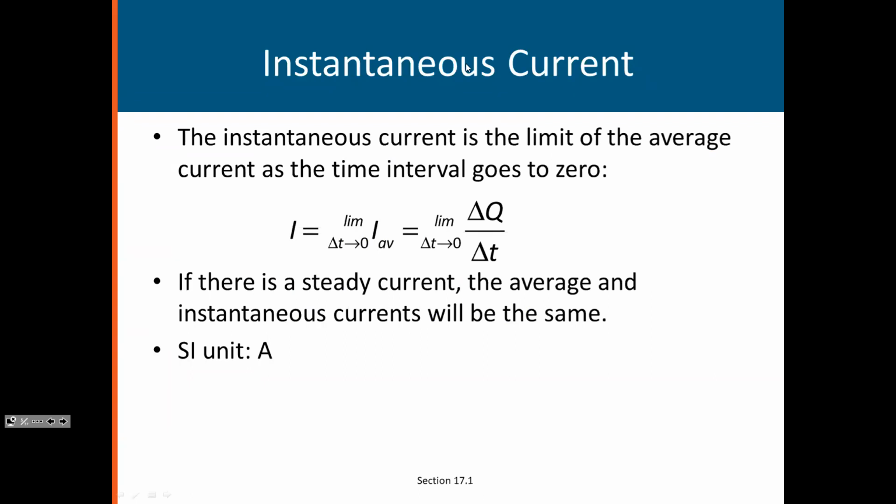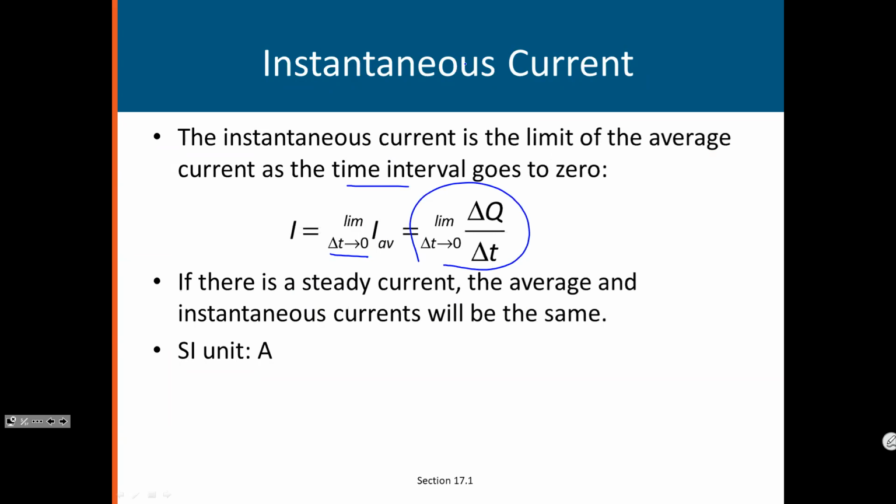Like that, we can ask the same question: what about the instantaneous current? Not during a period of time, but the current at one particular point in time. So we define the instantaneous current as the limit of the average current as delta T goes to 0.